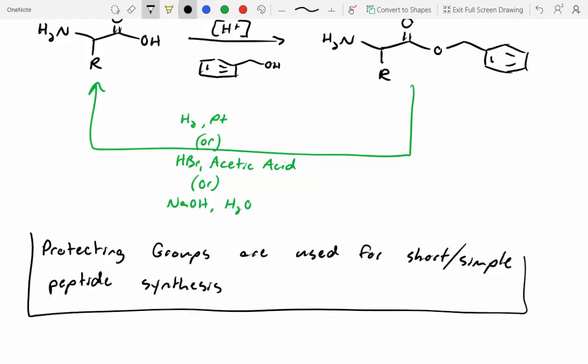Why do you think this strategy is not used if we were making a peptide that's, let's say, 40 amino acids long? Yeah, exactly. It's a lot of back and forth. You have to put a protecting group on, do your peptide coupling, then take your protecting group off, do another peptide coupling, put more protecting groups on, do a peptide coupling. It's a huge pain.